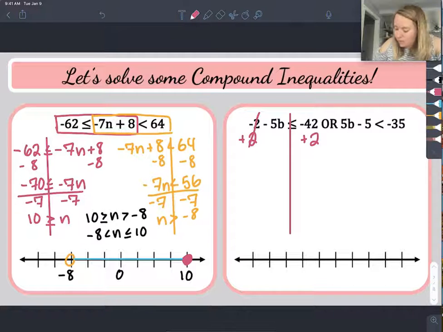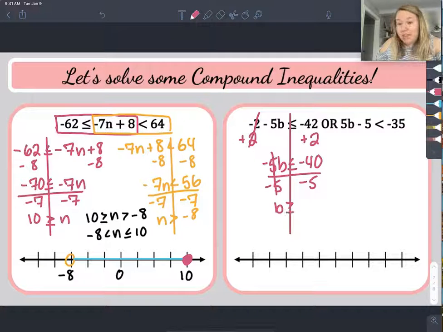2's will cancel. I'm left with negative 5b is less than or equal to negative 40. And then I'm going to divide both sides by negative 5. Again, dividing by a negative, my inequality symbol is going to flip, and then negative 40 divided by negative 5 should give us a positive 8.